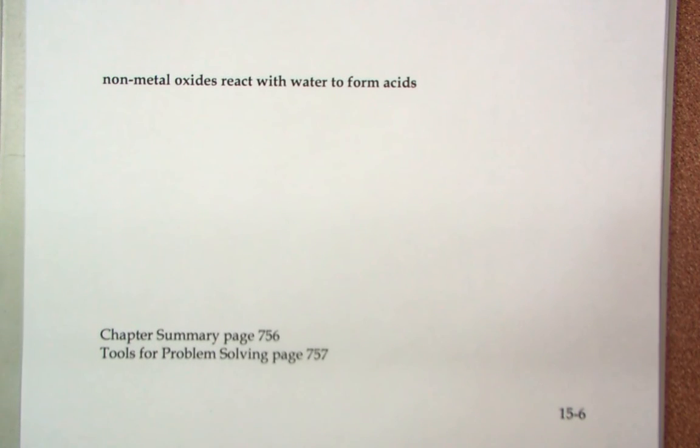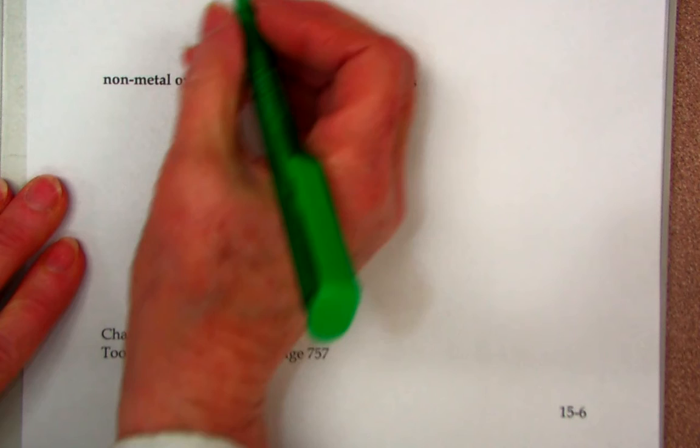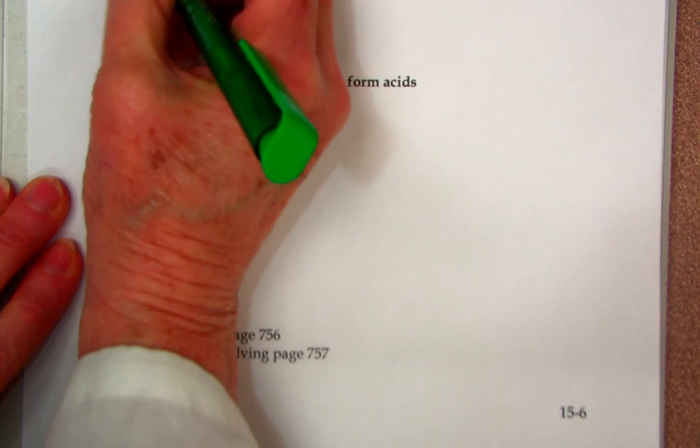Okay, then the last thing in some general acid-base chemistry, when you start thinking about this in Chapter 16: if we have oxides, salts that contain the oxide ion, O2-, metal oxides will react with water and form bases.